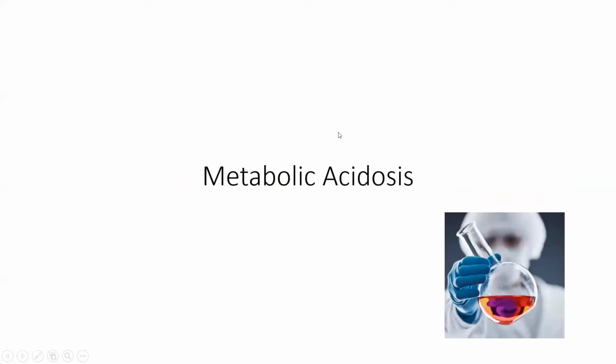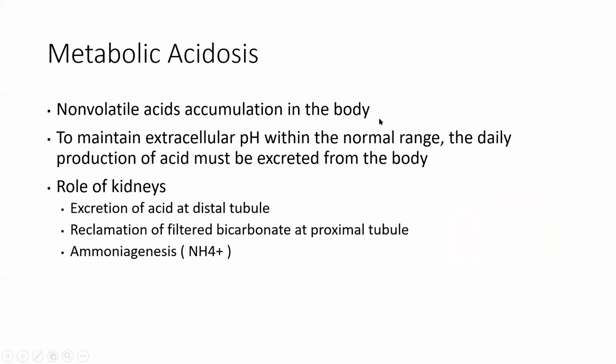Okay, so let's talk about metabolic acidosis. In metabolic acidosis, there is accumulation of non-volatile acids in the body. To maintain our extracellular pH, the daily production of acid must be excreted from the body through the kidney system.